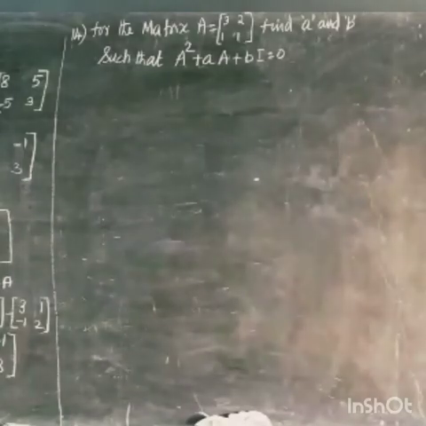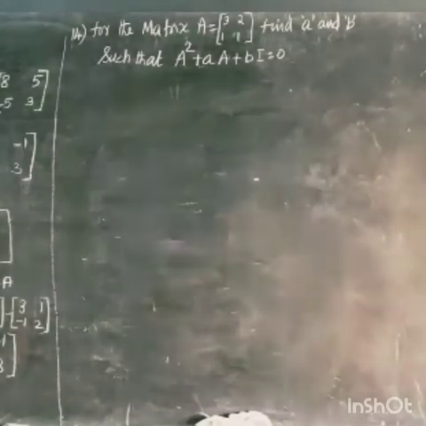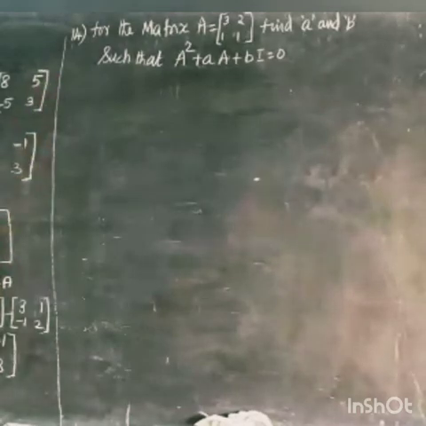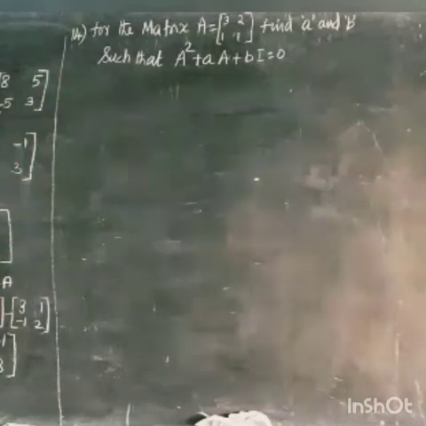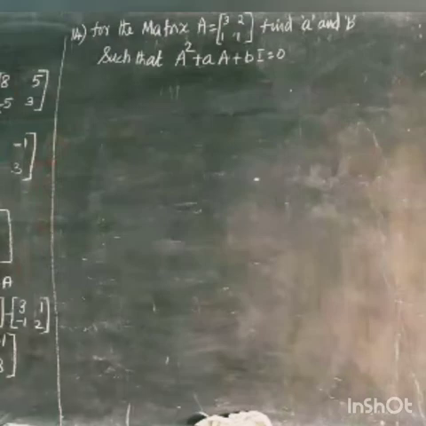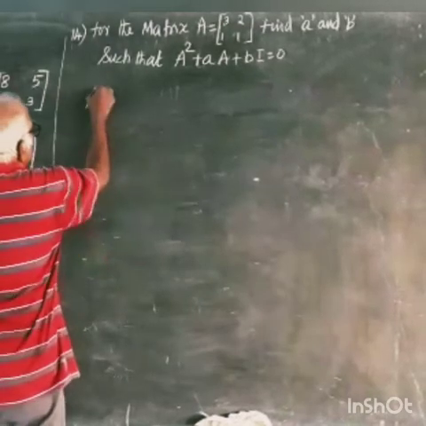That's all. Then 14th sum. What is the 14th sum? For the matrix A equal to [3, 2; 1, 1], find small a and small b such that A square plus aA plus bI is equal to null matrix. First find A square.